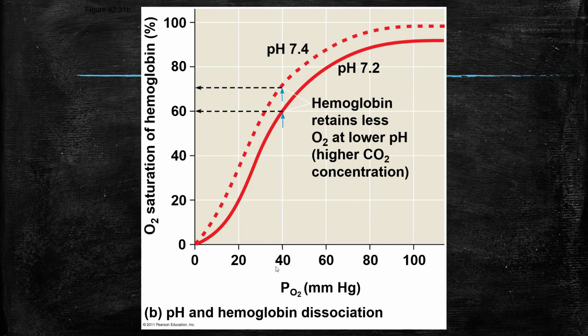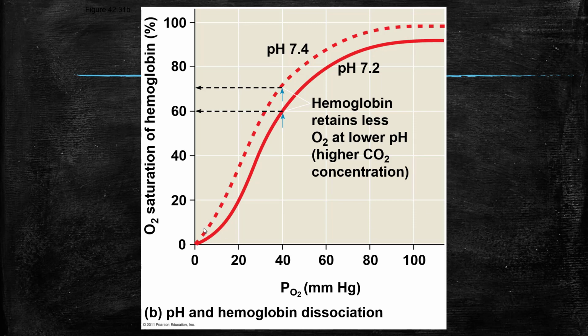So if we look at this curve, we can see pH and hemoglobin dissociation, and up here, O2 saturation of hemoglobin. So what can we learn by looking at this figure?